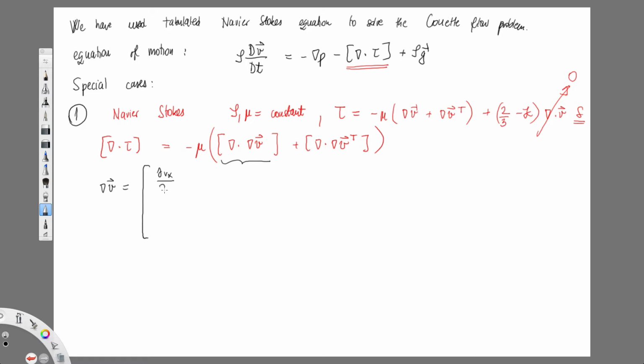It's partial x of Vx, then I do the same with partial y, partial x of Vx, partial z. So I repeat everything with Vy, and then with Vz.